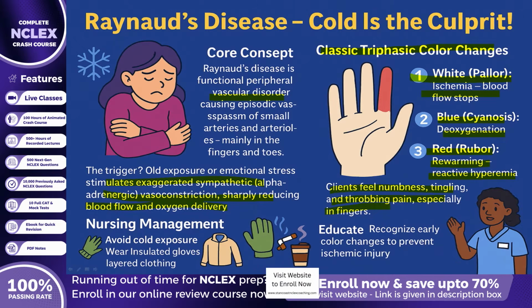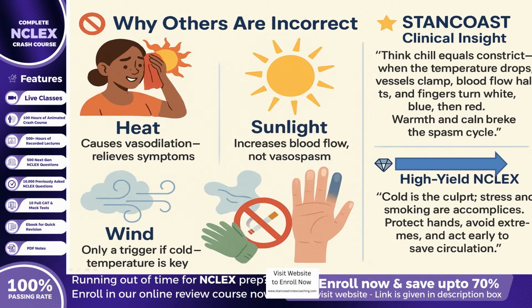Because cold exposure directly stimulates sympathetic vasoconstriction, it remains the most frequent trigger. Therefore, nurses should educate clients to wear insulated gloves, avoid sudden temperature changes, and maintain overall warmth to minimize these painful episodes. Emotional stress, nicotine use, and caffeine intake can further worsen the vasospasm by increasing sympathetic stimulation, making it crucial to manage these aggravating factors as well.